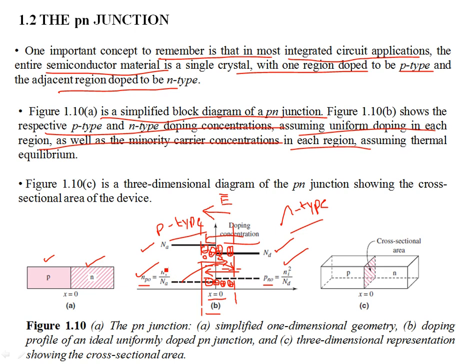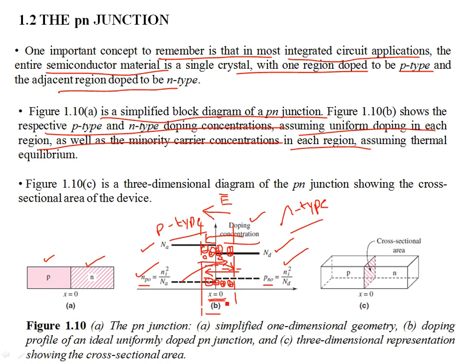But owing to the doping gradient that exists at the metallurgical interface at x equal to 0, you're going to have diffusion, and this diffusion is going to produce a barrier, let's say a depletion region, which is charge free, right?